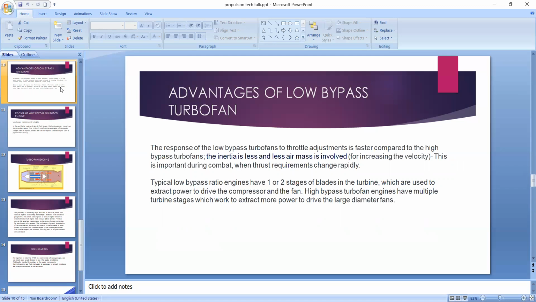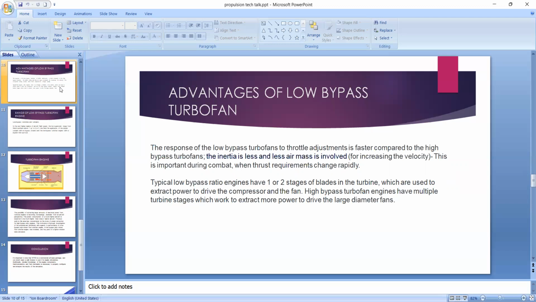The response of the low bypass turbofans to throttle adjustment is faster compared to the high bypass turbofans. The inertia is less and less air mass is involved for increasing the velocity. This is important during combat. Requirements change rapidly.